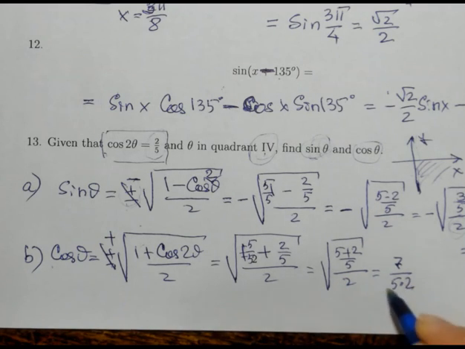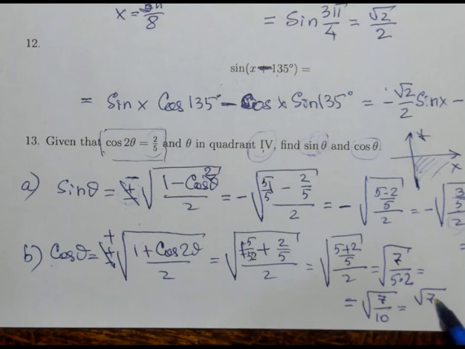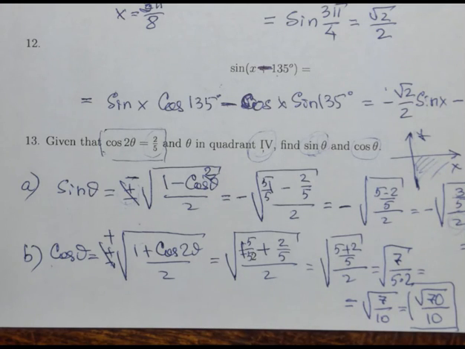So 2 is also in the denominator. Square root of 7 over 10. Multiply numerator and denominator by square root of 10, and we get square root of 70 over 10. This is the cosine of theta.